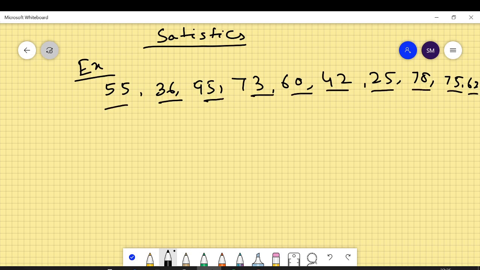This data is not arranged in either ascending order or descending order, so it is called raw data.